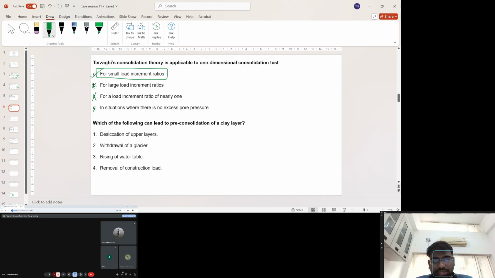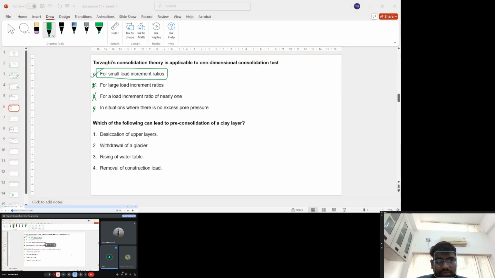Excuse me, sir. Is it mentioned in the assumptions of Terzaghi's theory? No, it is not a direct assumption. You will not find it in any textbooks as such. But usually, the application is such that compared to the existing stress states, the load increment will be very small.